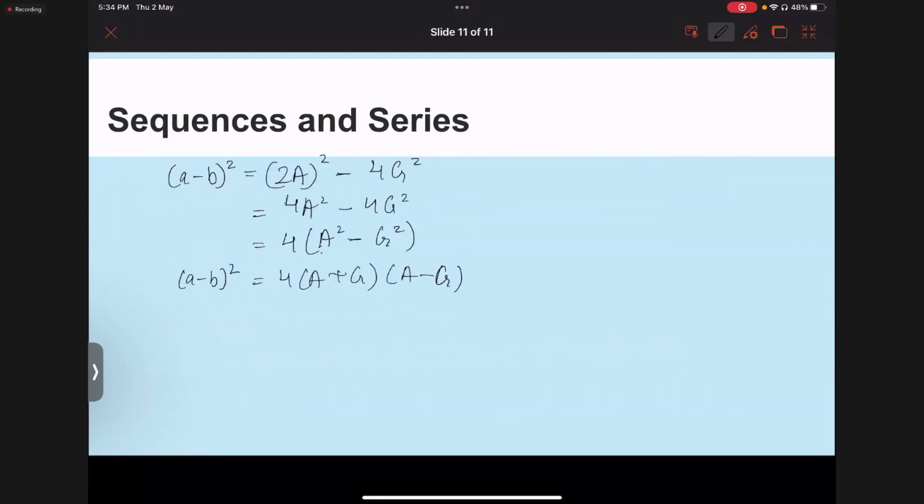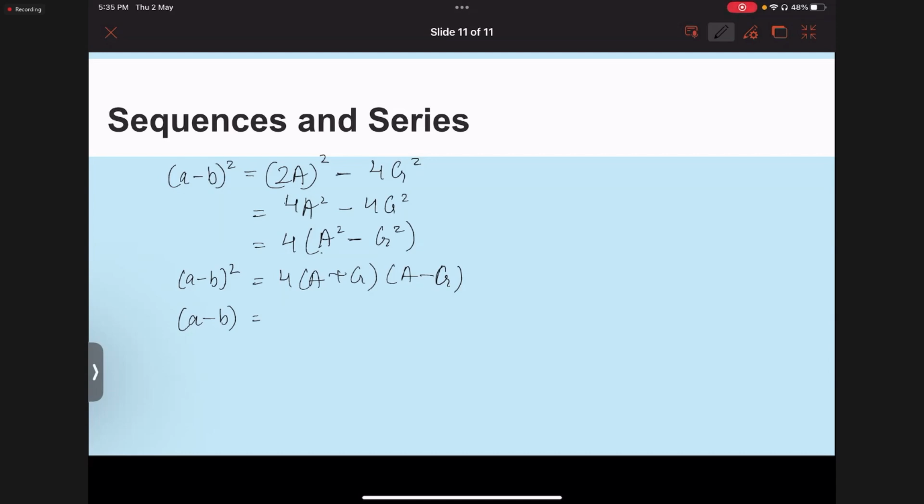So you can then write this as a − b is equal to, now you take the root, taking the square root on both sides.